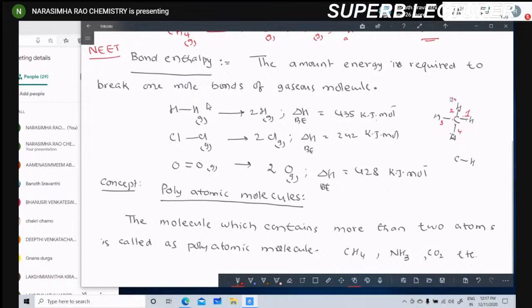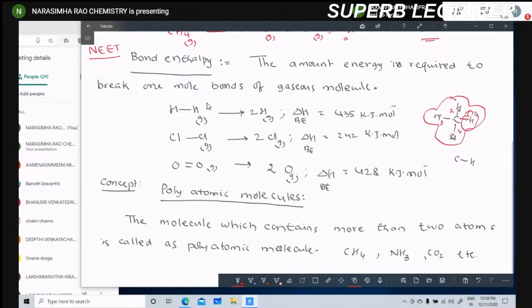A reminder, children, all C-H bond energies are not the same. Why? Because when breaking the first bond, the carbon already exists with 3 other hydrogen atoms, which is more stable.